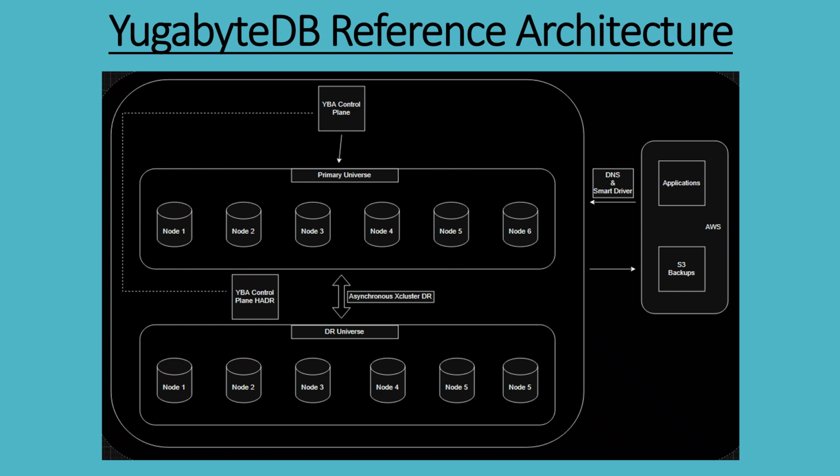Now you may have a doubt: you just said nodes 1 to 6 is the primary universe and nodes 1 to 6 down is the DR universe, and again you are saying nodes 1 to 6 is a cluster and nodes 1 to 6 below is another cluster. So what exactly is the difference between a primary cluster and a primary universe versus a DR cluster and a DR universe? Because both of them look similar at the moment.